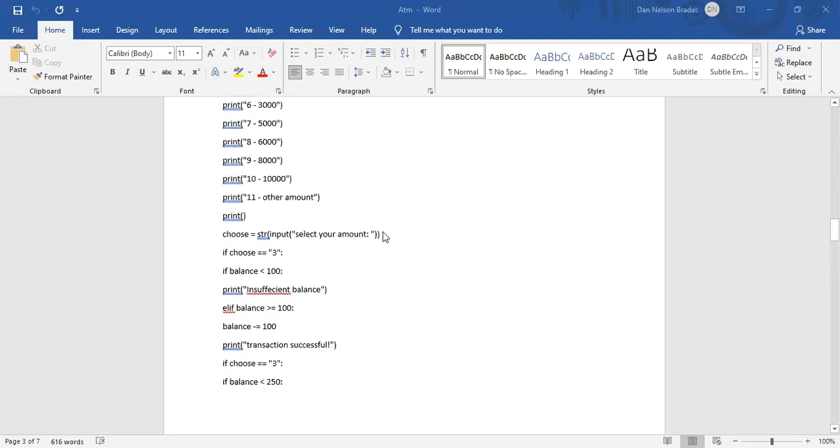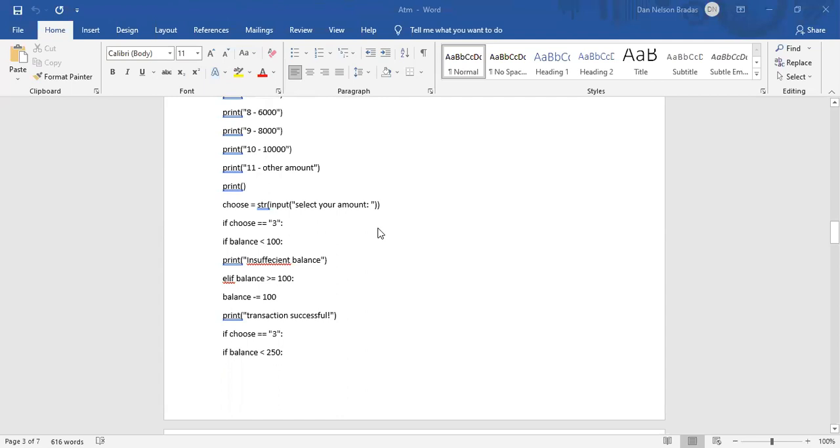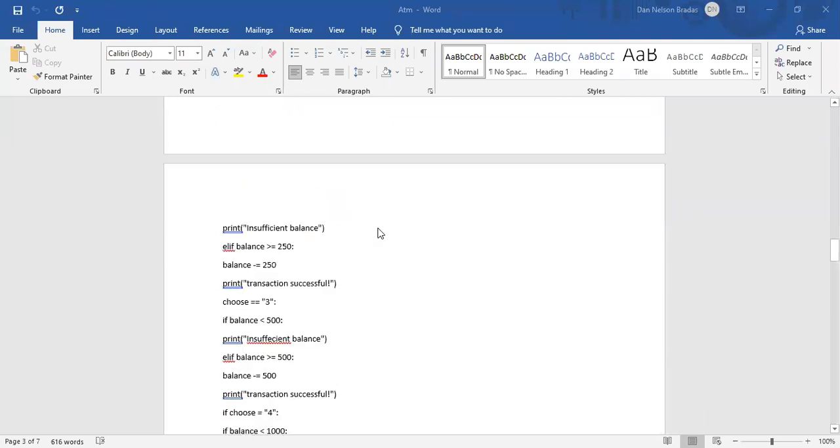If the chosen is assigned to 1, if balance is less than 100, print insufficient balance. Else, balance is greater than or equal to 100, balance is decreased by 100, then transaction successful. If chosen is assigned to 2, if balance is less than 250, print insufficient balance. Else, balance is greater than or equal to 250, balance decreased by 250, print transaction is successful.